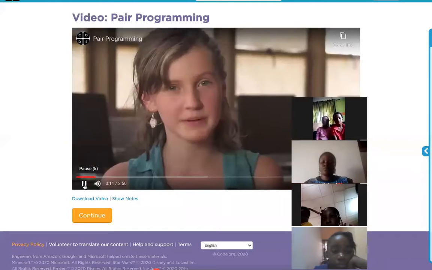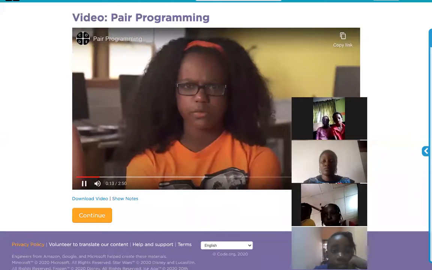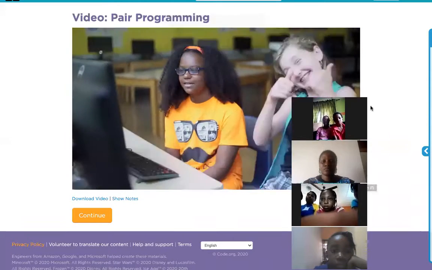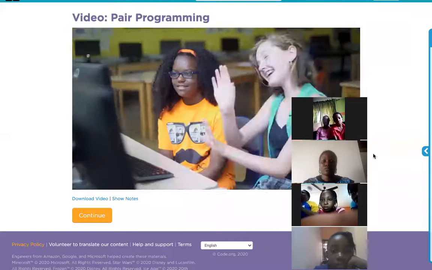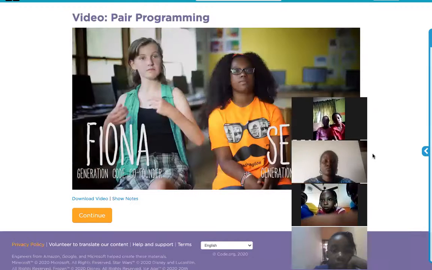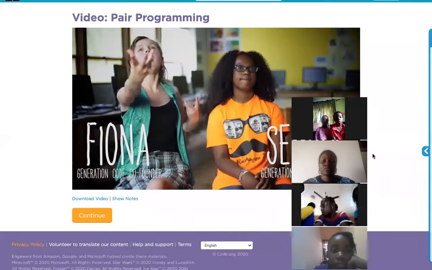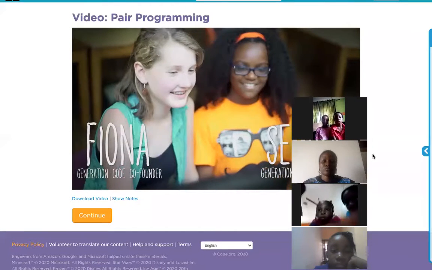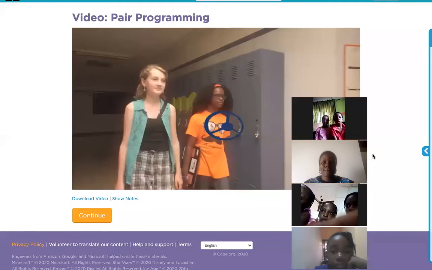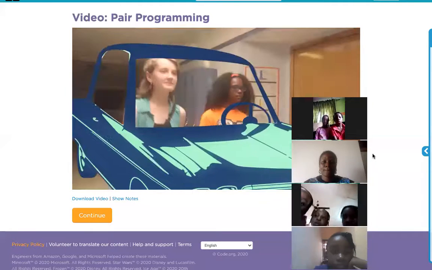Why should two people use one computer? Because two heads are better than one. We work together in an interesting kind of way. In pair programming, you and your partner sit down together at one computer and you are both going to work on the same project. Right now, we're working on code monsters. In pair programming, one person is the driver and the other person is the navigator, just like driving a car.